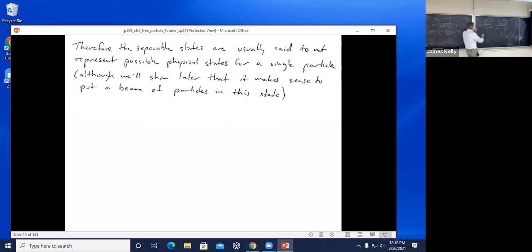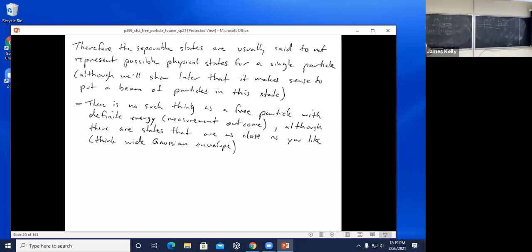You might say, I've got a beam of electrons. There's an electron here, and then down here, and then down here. They keep going off to infinity. If we think of a beam, maybe we can make sense of this. But for a single electron or a single point particle, it doesn't make any sense. Or at least we can't normalize it, and therefore we can never calculate any probabilities associated with it. So we're going to say it's not a possible physical state.